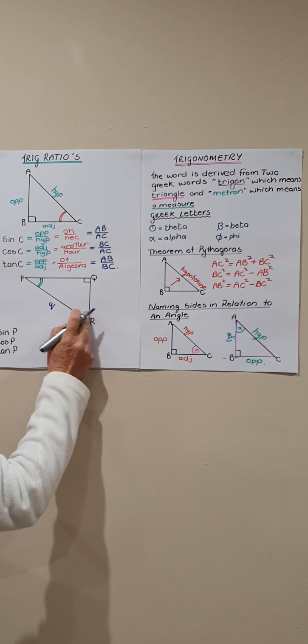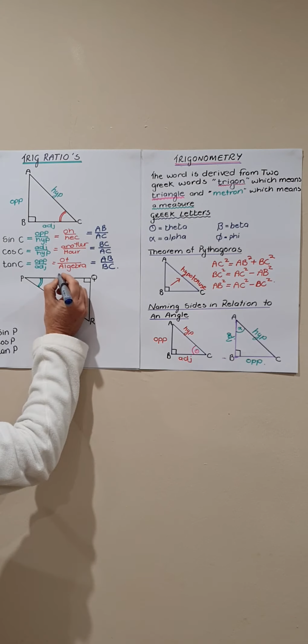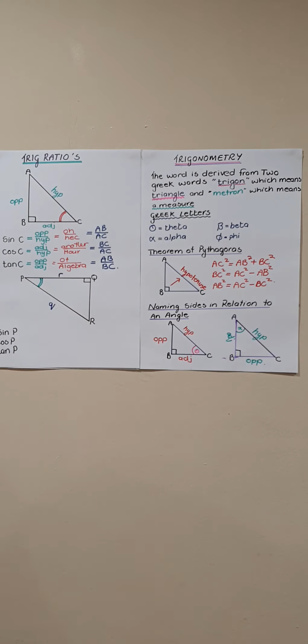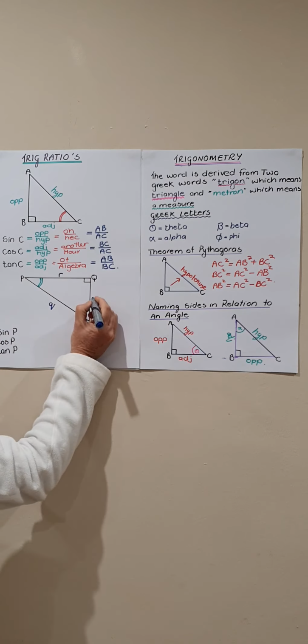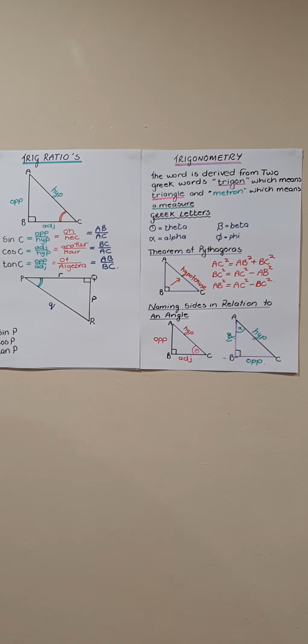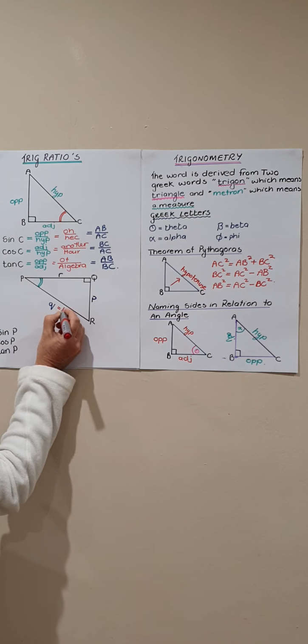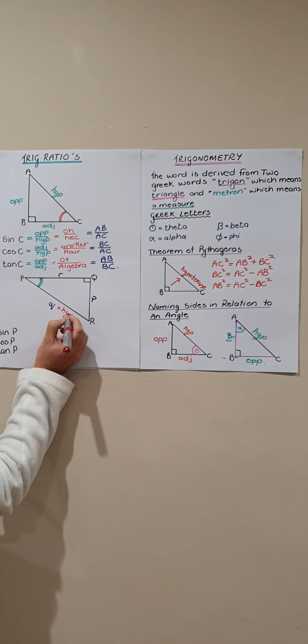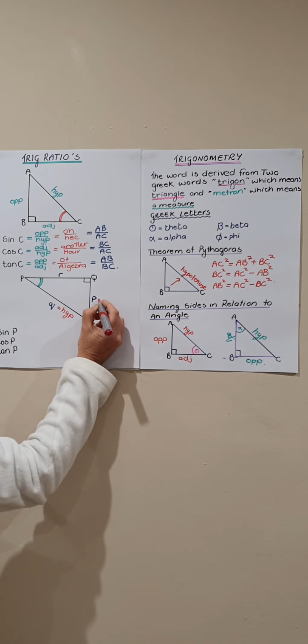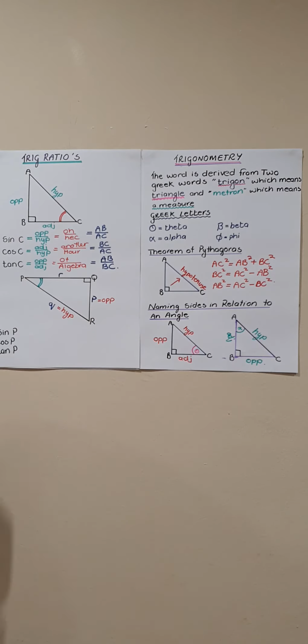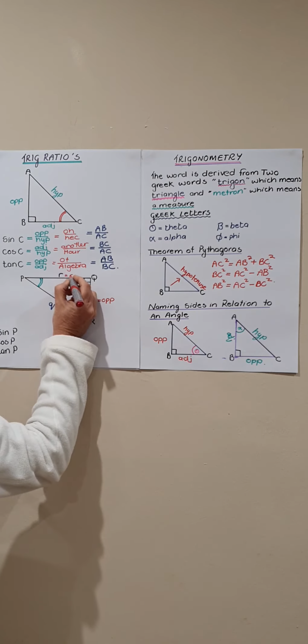And the side opposite angle R would be referred to as little r. And the side opposite P would be referred to as little p. Just terminology. So if we look now, Q is going to be my hypotenuse in relation to this angle P. This P over here is going to be the side opposite, and R is going to be my adjacent.